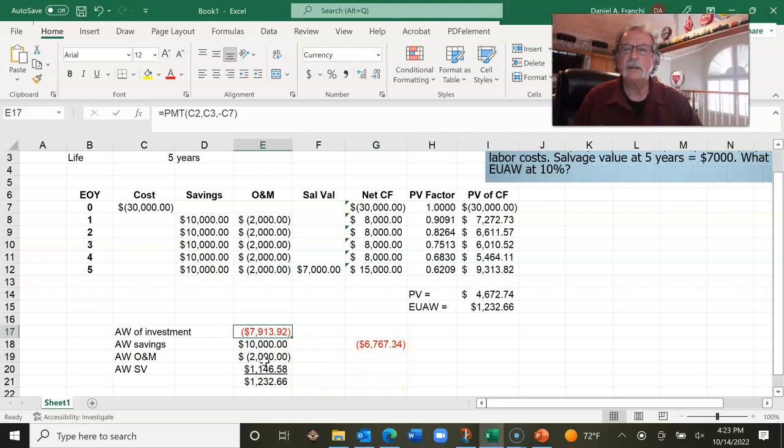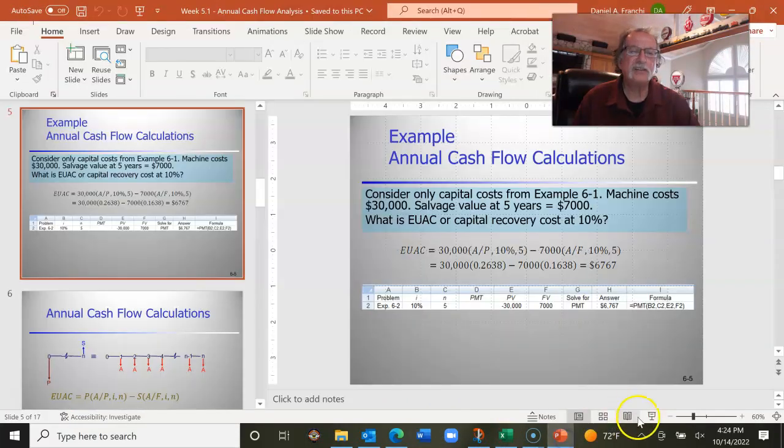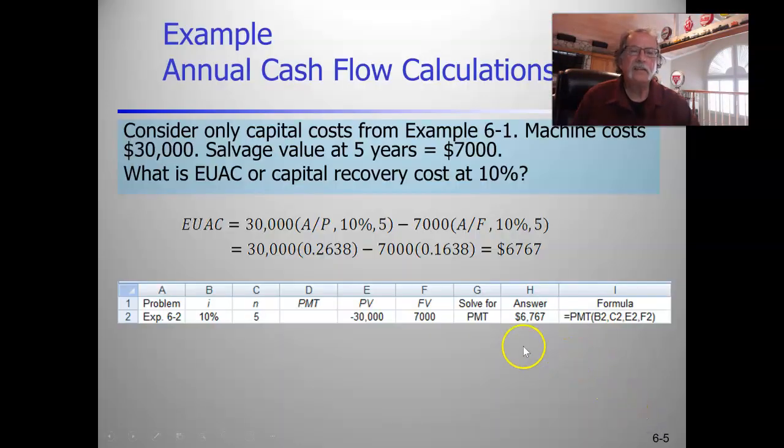It's simply the annual worth of the investment, annual worth of the salvage value. If you treat it as a cost, then it can be positive. So you need to be really careful that you know what's going on so you can keep your sign straight.